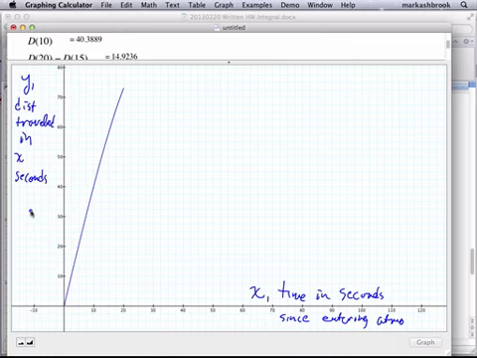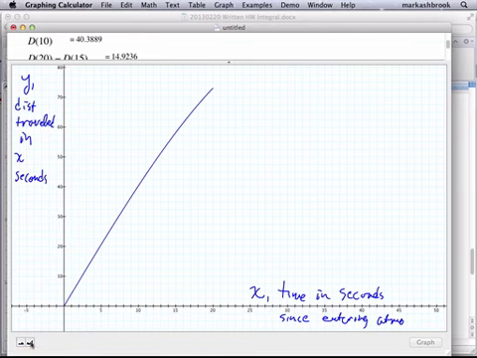How do we figure out how many seconds it takes? What are we going to do? We need to know how high off the ground it was. Can you be more specific?